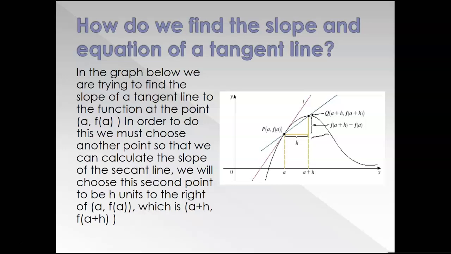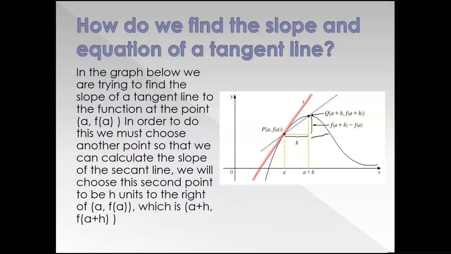Here's our graph. We are trying to find the slope of that red line. So we are trying to find the slope of this line. That's our goal, to find the slope of that line right there.